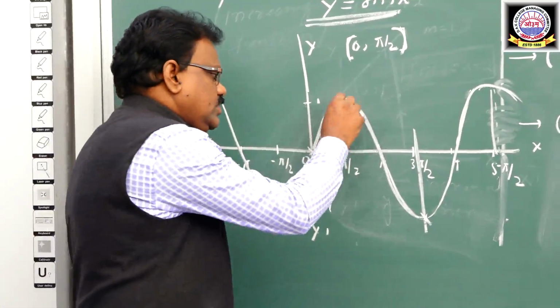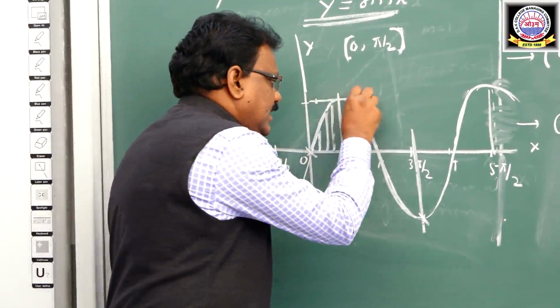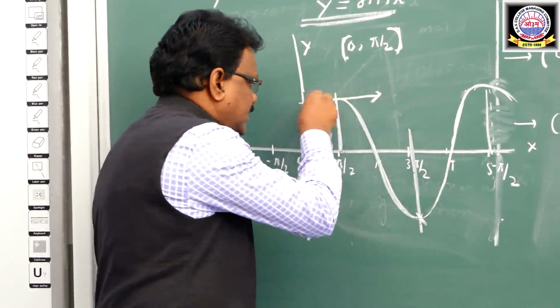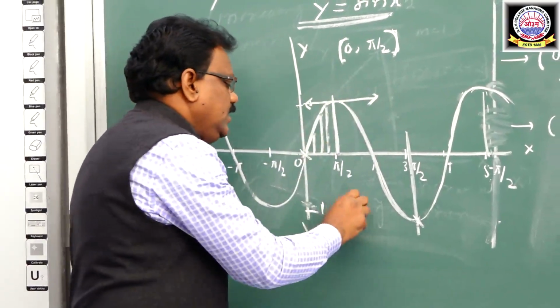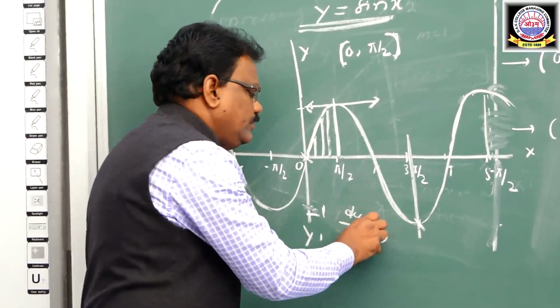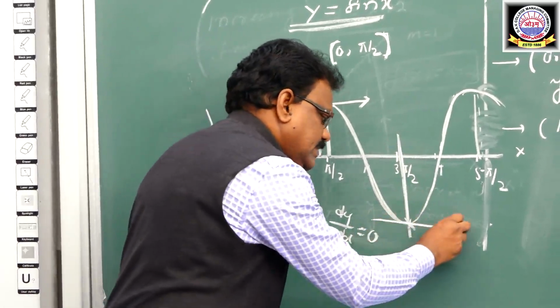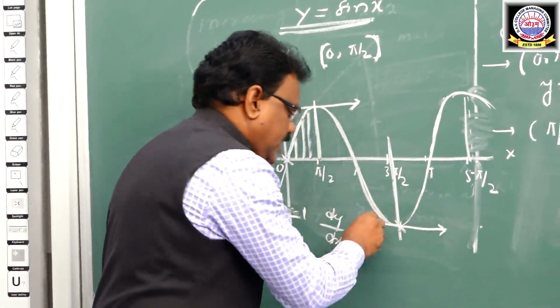And here you see, just at pi by 2, if you draw the tangent it will be parallel to the x-axis. Means dy by dx will be equal to 0. Similarly, at 3 pi by 2, the tangent is parallel to the x-axis.